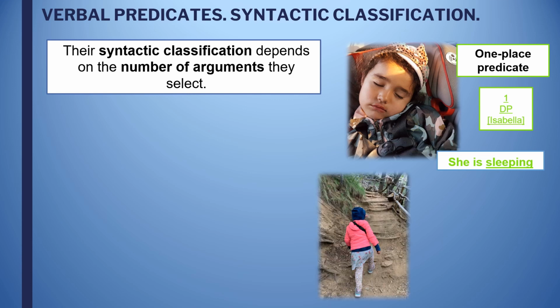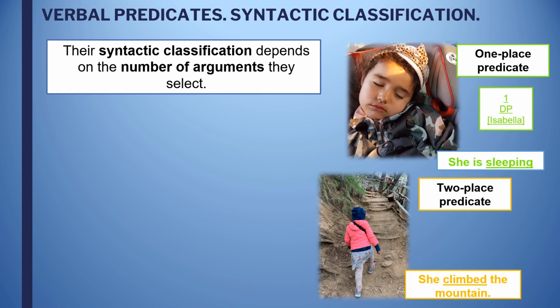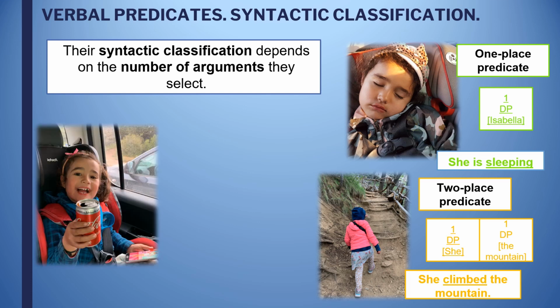Two-place predicates, as in she climbed the mountain, where the verb climb selects two arguments, the DP she and the DP the mountain. The DP she is the external argument and the DP the mountain is the verb's internal argument.